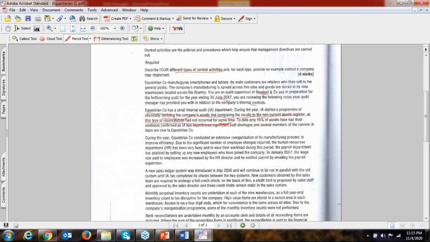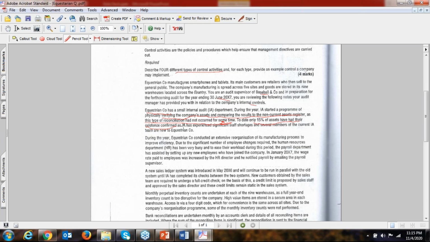Remember to identify the keywords. To date, only 15% of assets have had their existence confirmed. Existence confirmed, only 15%.